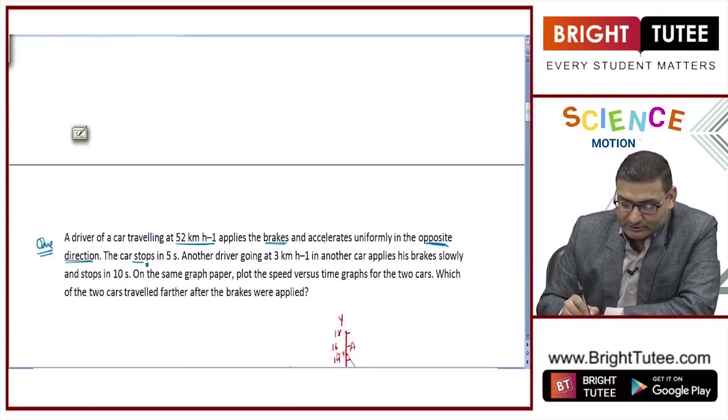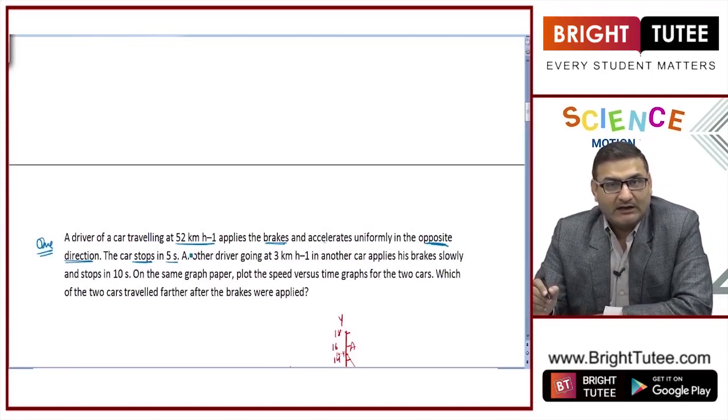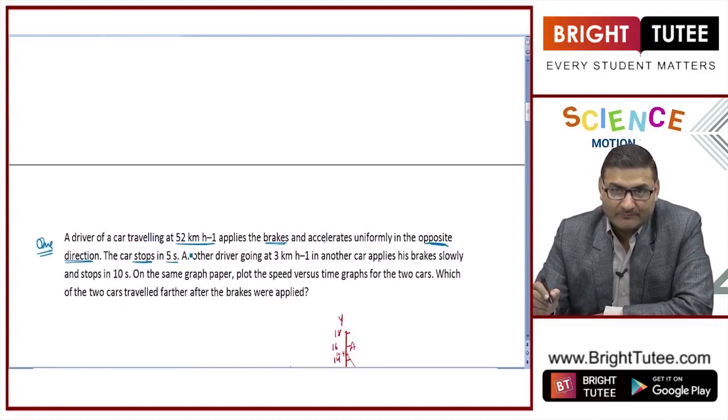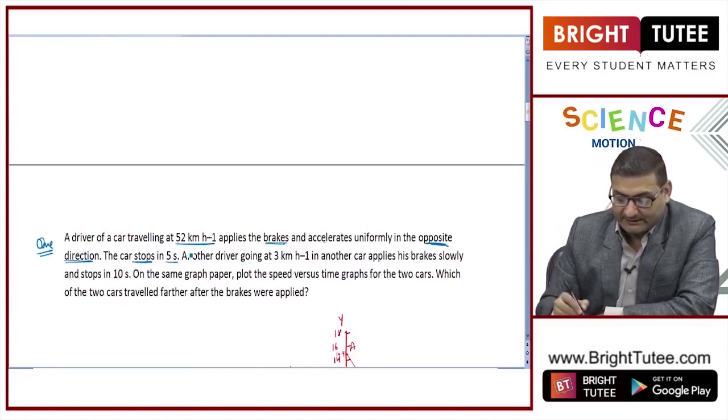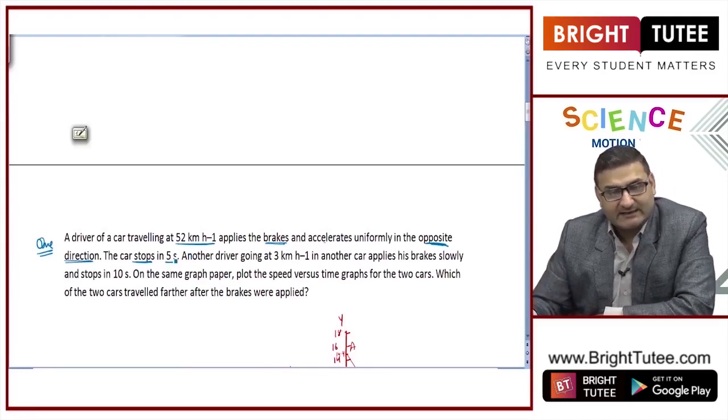The car stops in 5 seconds. Now based on the practice we have already done in this chapter, we know that whenever an object stops, we are going to take its final velocity to be 0, and the time taken for getting the final velocity 0 is 5 seconds.